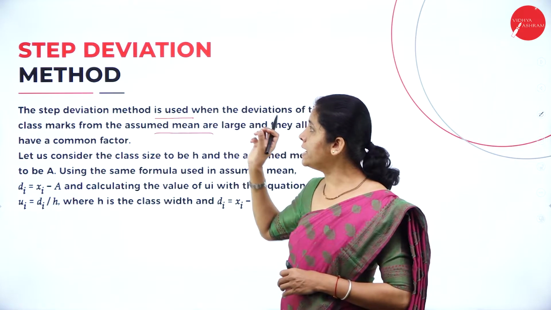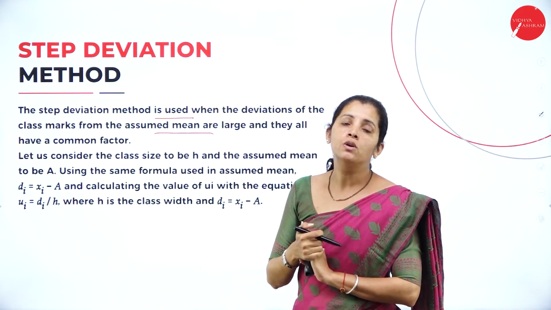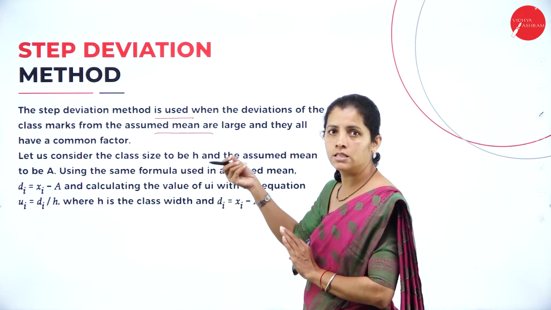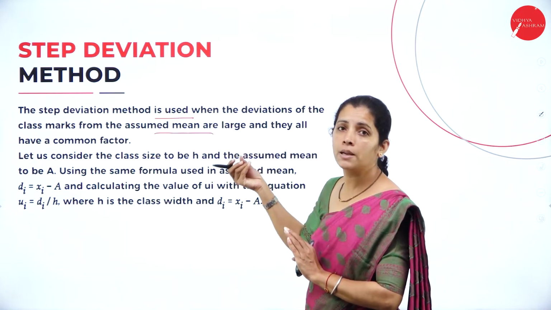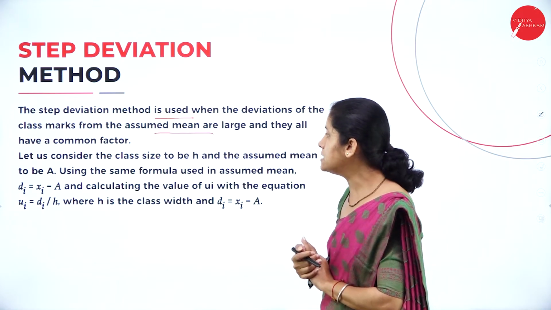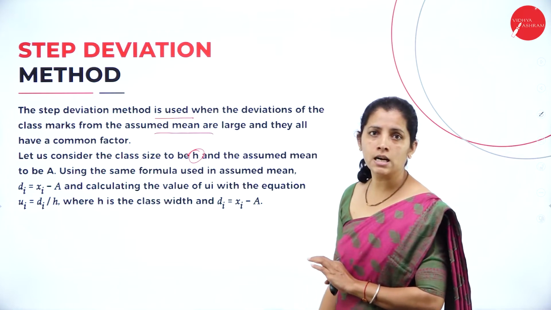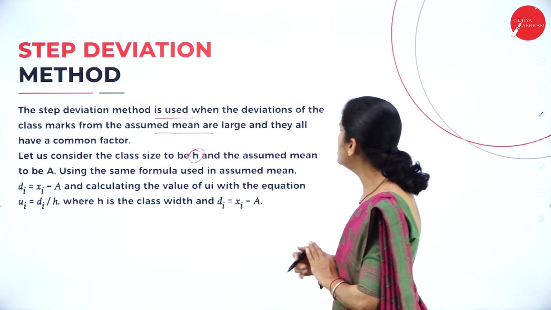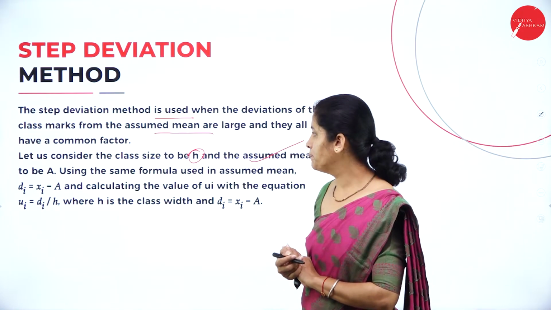So in my step deviation method, I am going to use the common factor. In the sense, I am going to find the number which is multiplied by the particular number. Let us consider the class size to be h.